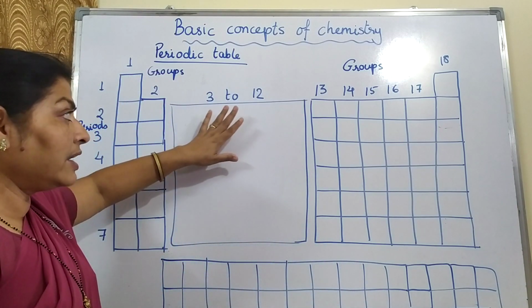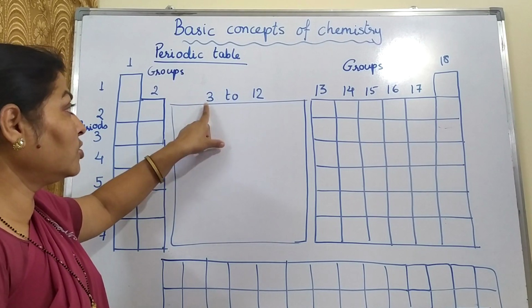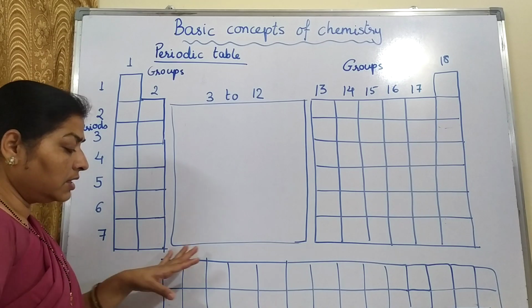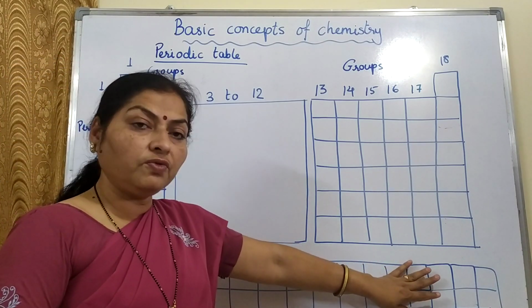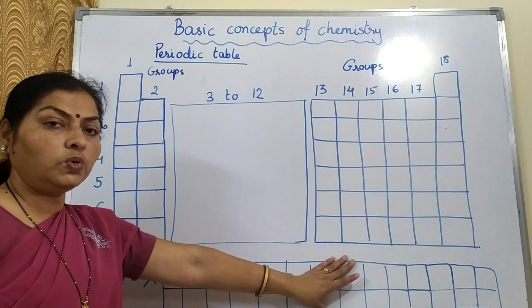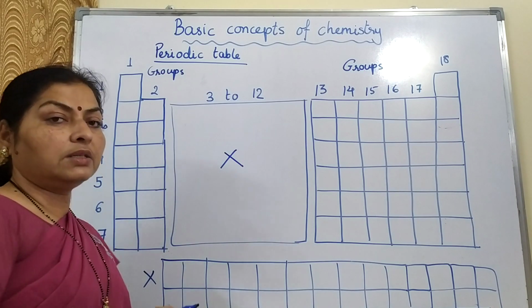Right now we are excluding the middle part, that is groups 3 to 12. We will also be excluding this bottom part of the periodic table. If you open your book, you will see the bottom part also. There are 2 rows. We are not going to see that part.